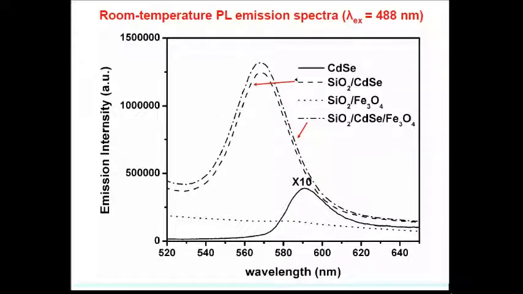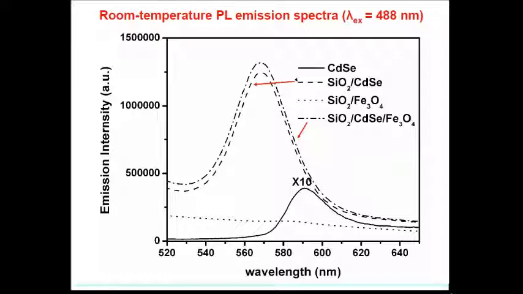The second thing is that you look at the emission properties of the quantum dots, and what you see is that with the presence of silica, you have an emission peak, as you would expect, and also the silica quantum dot magnetite heterostructure has a signal, as you would expect, corresponding to the emission peak of cadmium selenide quantum dots.